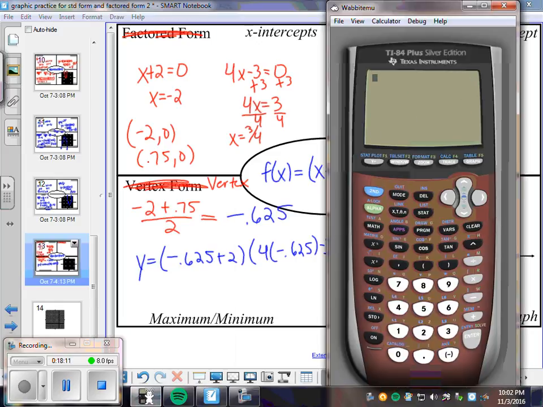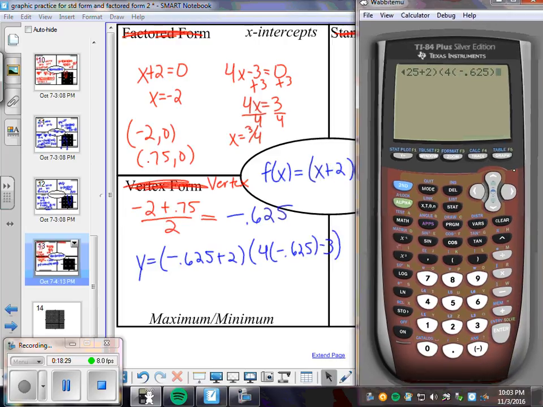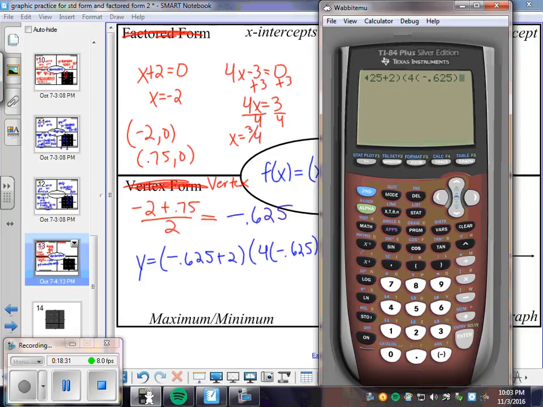Okay, so we've got parentheses, -0.625 plus 2, parentheses, 4, parentheses, -0.625, parentheses, and then minus 3, parentheses. Okay, and that gives me my fractions.